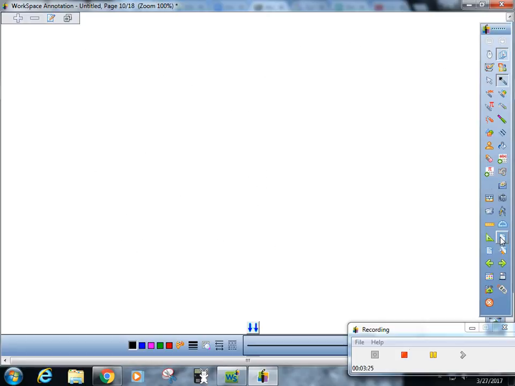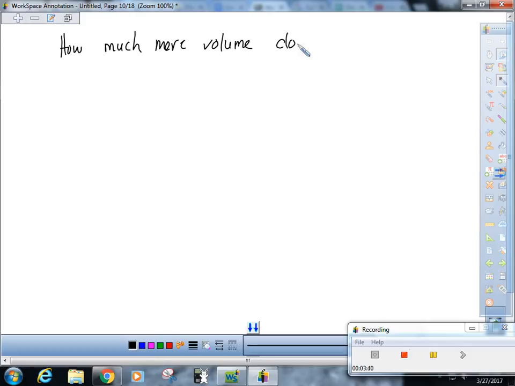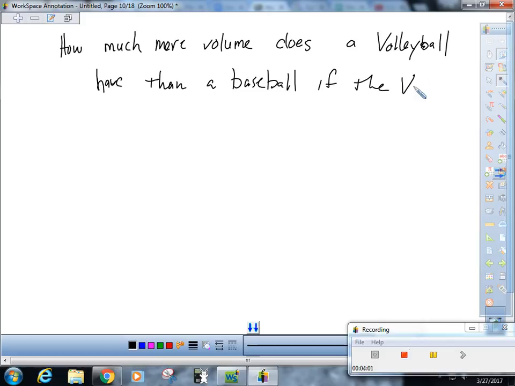So let's do an example. How much more volume does a volleyball have than a baseball if the volleyball has a radius that is 4 times bigger?